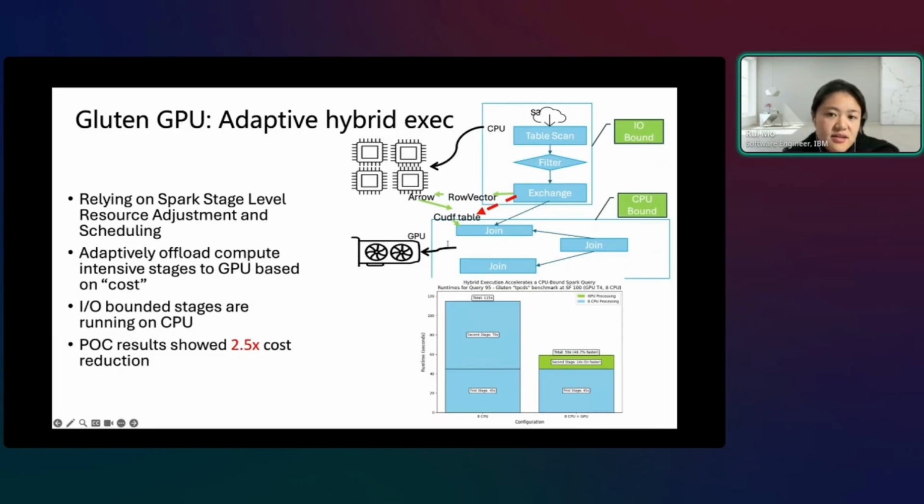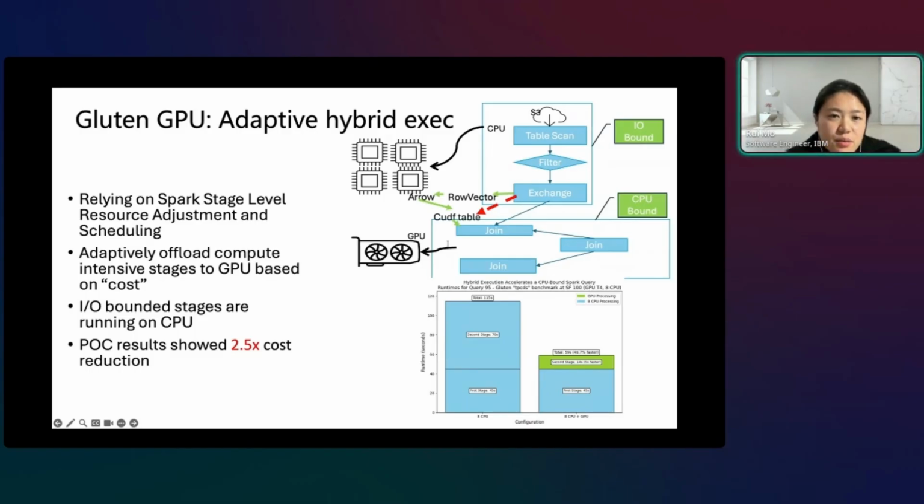This allows the system to decide whether to execute on the CPU or offload to the GPU at the granularity of each stage. The idea is quite simple. We adaptively offload compute-intensive stages to the GPU based on their estimated cost. And the IO-bound stages remain on the CPU.